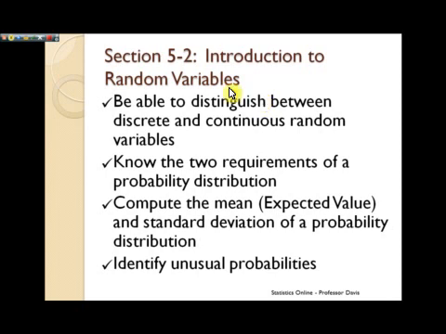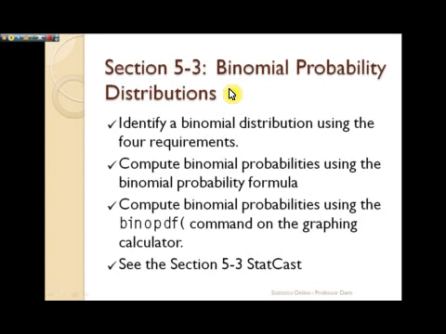Then in section 5.3, that's the other section we want to cover this week. That is on the binomial probability distribution. That is a specific type of discrete probability distribution that follows 4 requirements. So make sure you look over those 4 requirements.